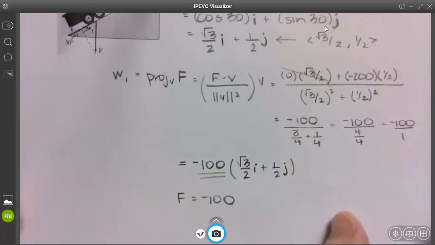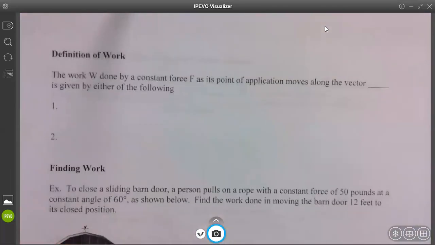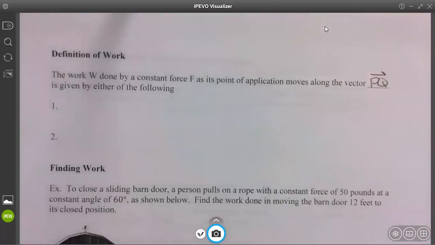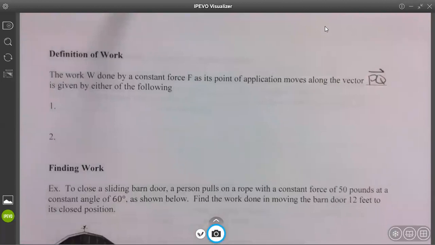One more definition, one more problem. Definition of work. The work W done by a constant force F as its point of application moves along the vector PQ is given by either of the following.